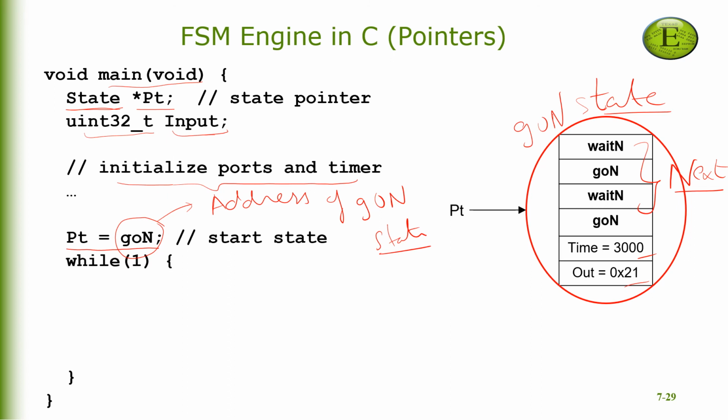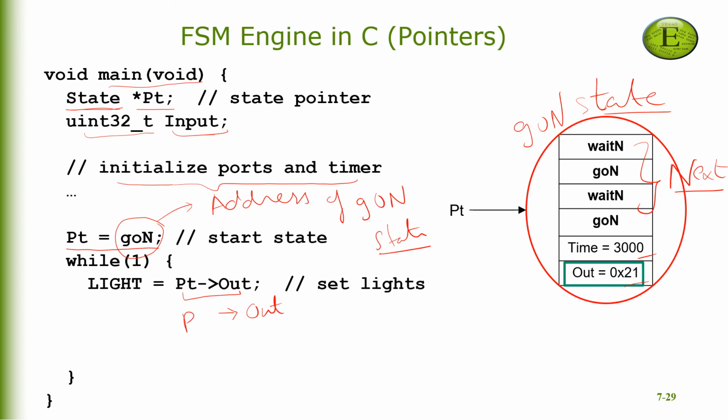Then we enter an infinite loop as before, and now we are going to produce an output. This command, light equals pointer arrow out, is interesting because we are going to send some data to the light, which, remember, is the same as the port B data register.